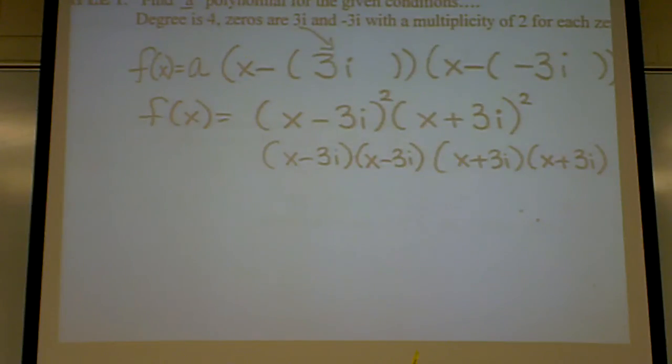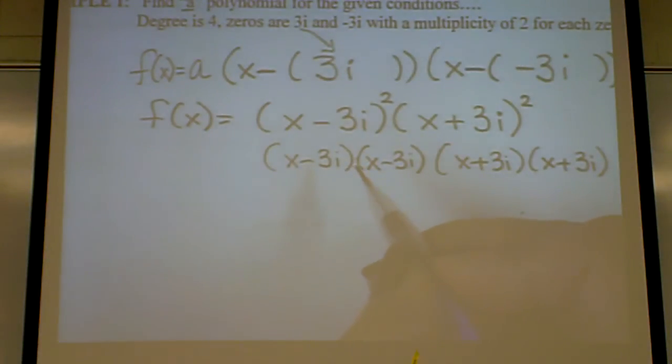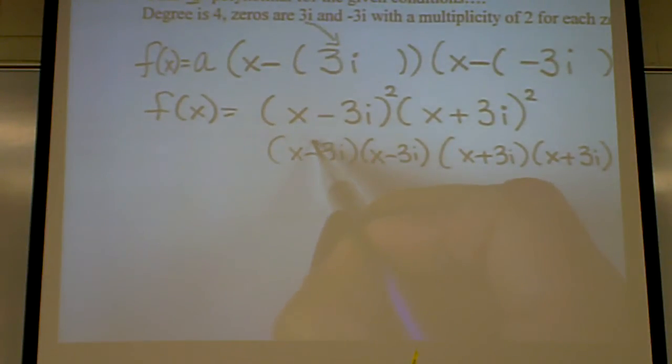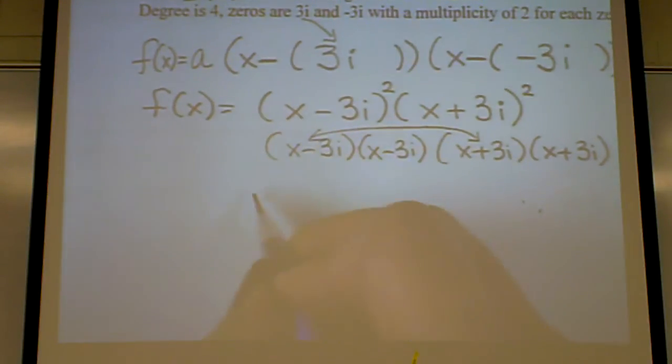Aha, Jordan saw it. Because of the commutative property for multiplication, we can switch these around. It doesn't matter what order we multiply them, right? I can take these 2 and multiply them together first. Why, Jordan, did you want to do that?